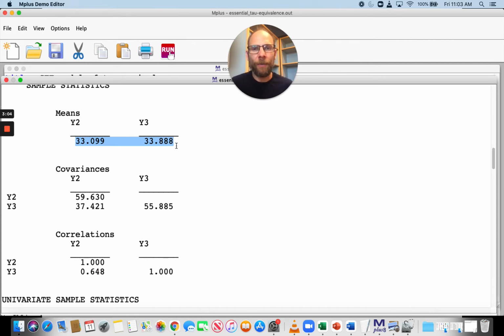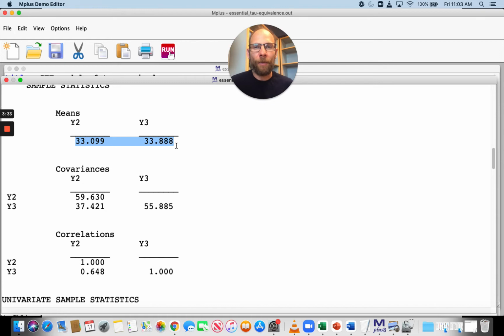Now, how can we account for that in cases where, let's say, we don't want to or we cannot change the tests that we have as indicators, and so we can't make them tau equivalent, but we still want to use those tests, for example, because we want to find out about the reliability of these tests, or we want to use these tests in a measurement model in research, or in a measurement model to do other things with those measures?